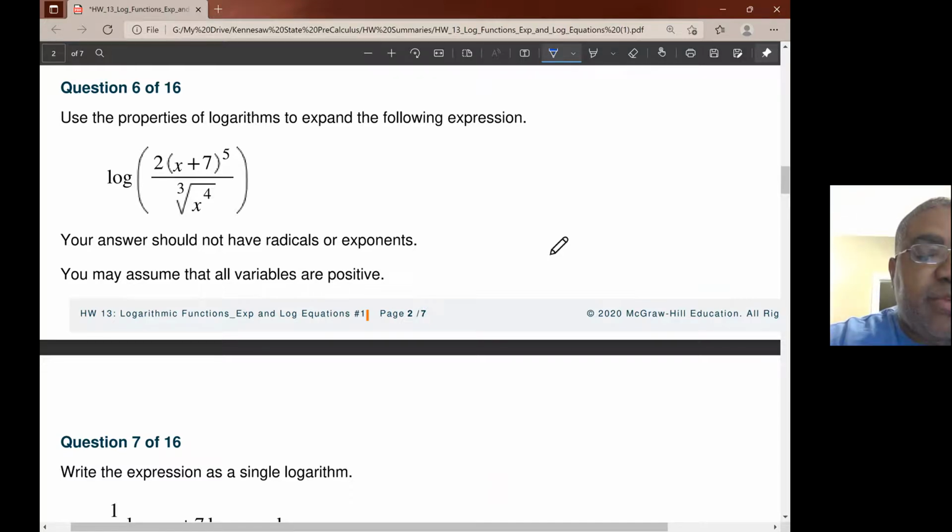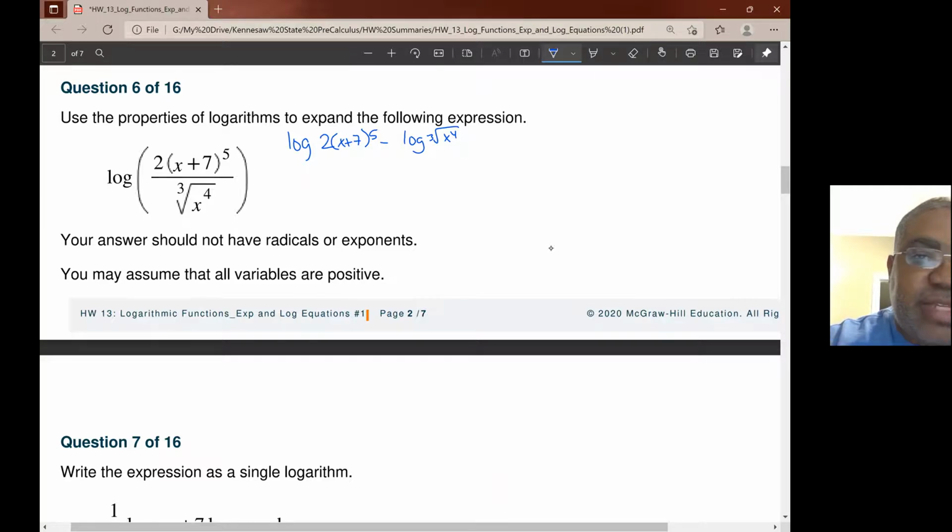Everything on the top is positive. So the first step would be log of 2 times x plus 7 to the 5th, minus log of the cube root of x to the 4th. All right.